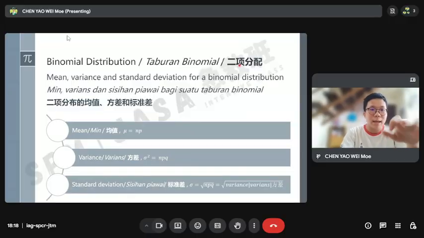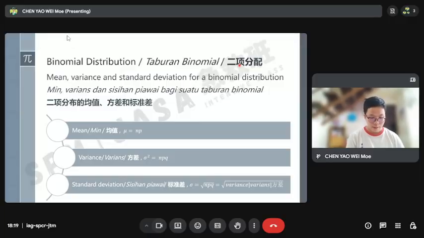Let me give an example. The probability that it will rain on a particular day is 3/5. Now I want you to find the probability that in a particular week it will rain for exactly 4 days, or I want to calculate for more than 5 days.